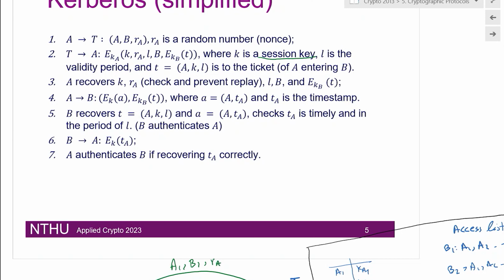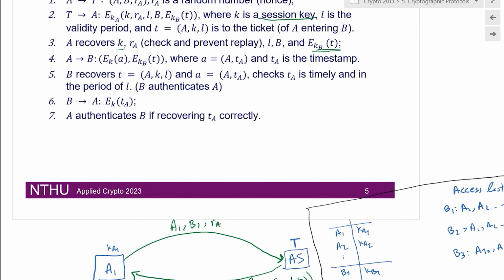And then on the third message, we said that A recovers the key after he decrypted, checks that it is not a replay message to prevent the replay attack. And then he would recover this ticket, encryption of T with the key of user B. And then A now would send another message to B saying that, hey, this is me.